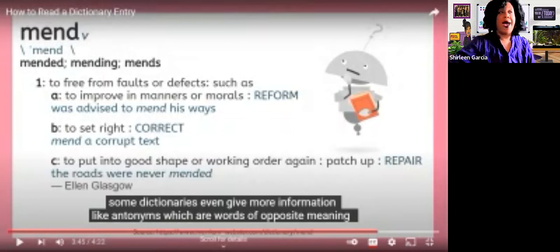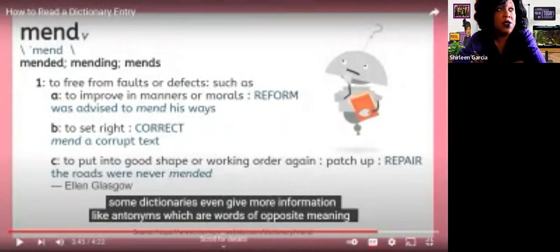So the words in the capital letters are synonyms. And synonyms just means the same. So it's a different word that means the same thing. So mend could be the same as reform. Mend could be the same thing as correct, or mend could be the same thing as the word repair.